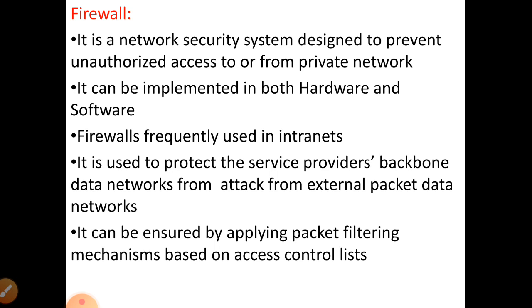For this purpose we disable the firewall option, because if I enable it, the firewall will restrict the private user from accessing the RC4 algorithm. So the main purpose of the firewall is to restrict unknown persons from entering the original data network. Normally this firewall is frequently used in an intranet.